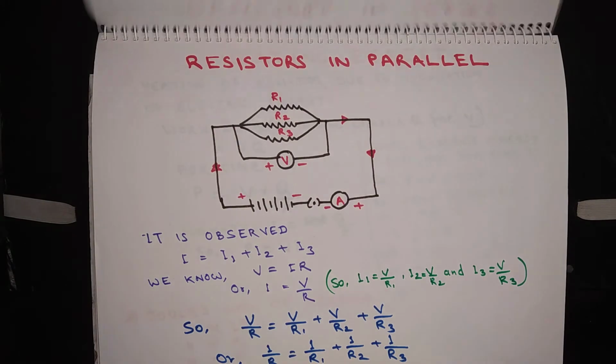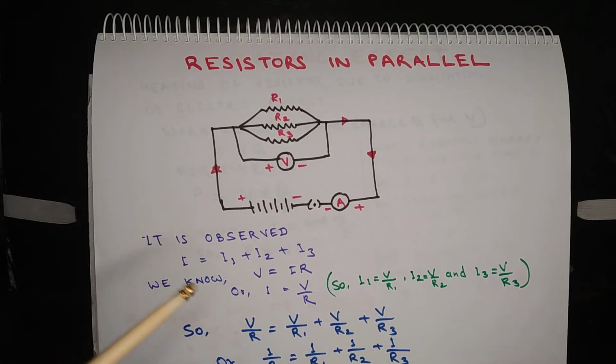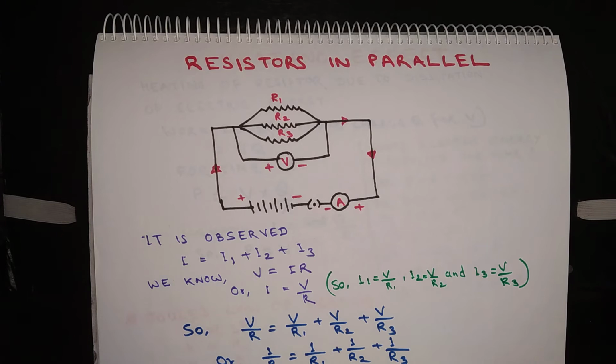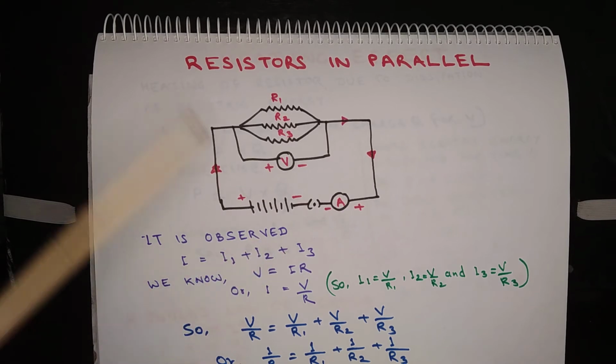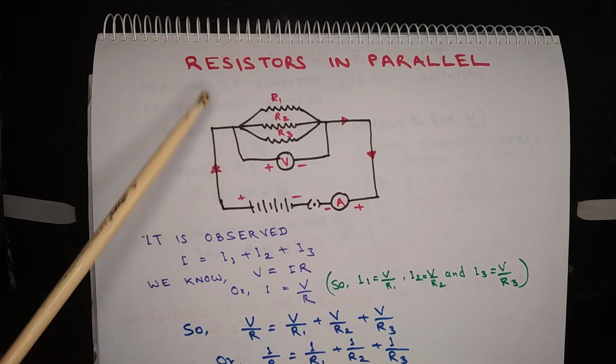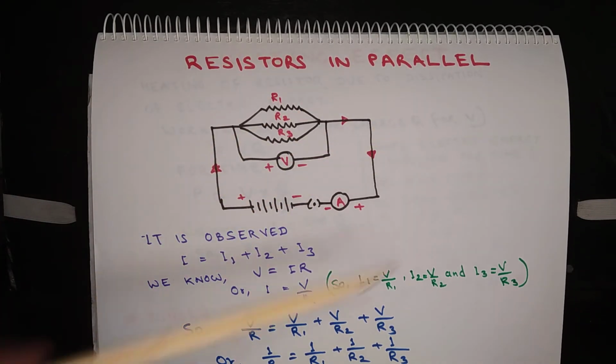Now what happens in case of resistors in parallel? These are the resistors connected in parallel, R1, R2 and R3. By experiment, it is observed that I is equal to I1 plus I2 plus I3, where I1 is the current through R1, I2 is the current through R2, I3 is the current through R3, and I is the current through the total circuit.